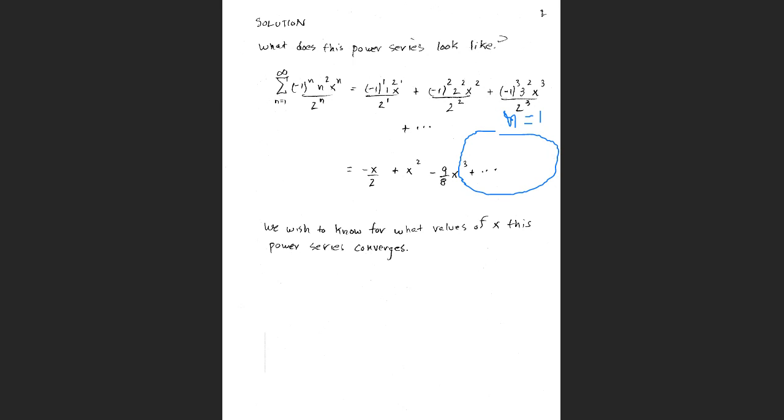It keeps going. I just thought it would be helpful to write out some terms of the series, just so that you have kind of an intuitive feel. So it's a polynomial, but it's like a polynomial with infinite degree, right? And we want to know, for what values of x does this power series converge?